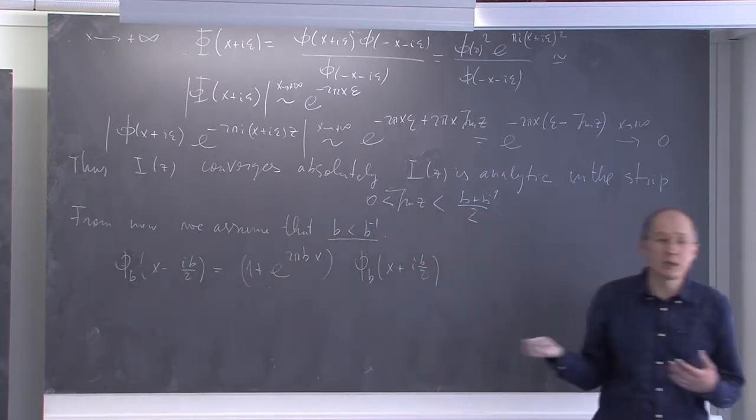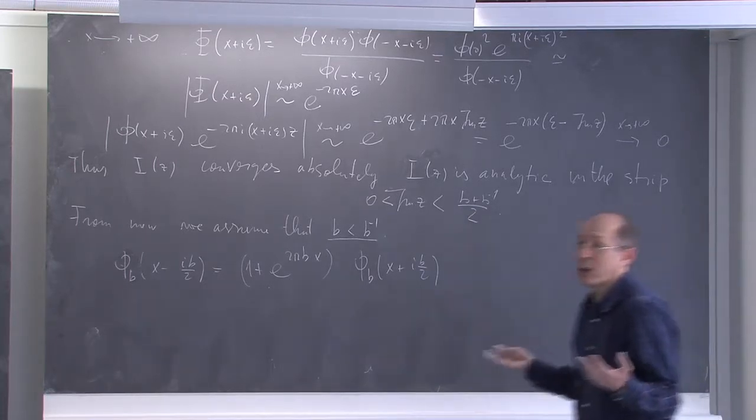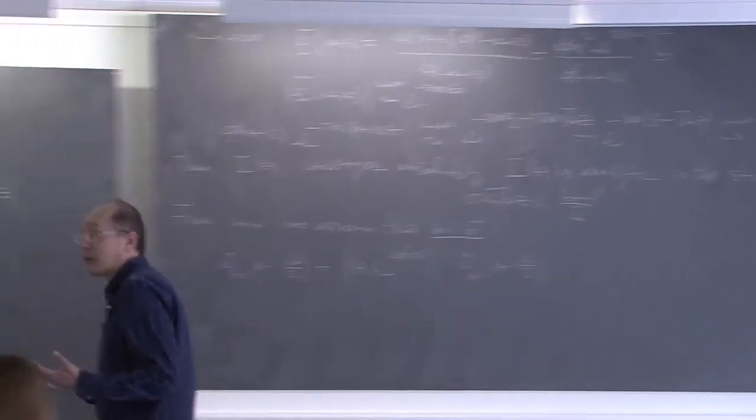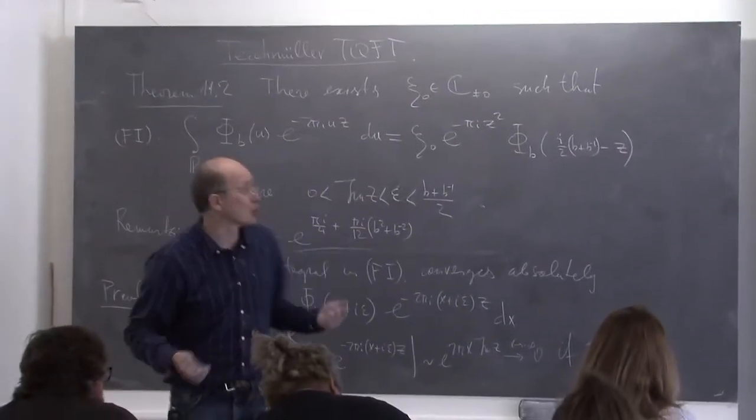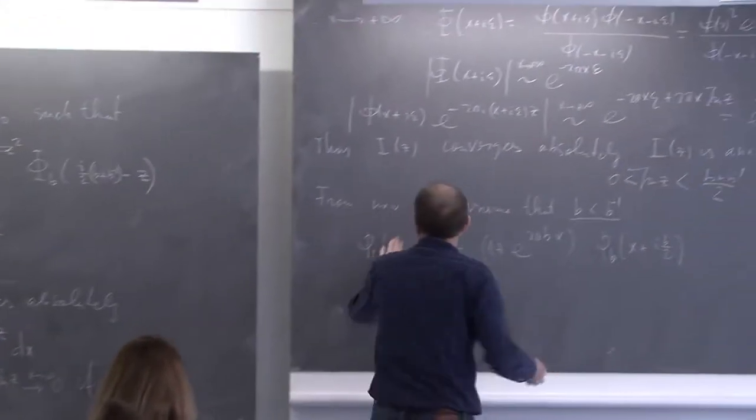And by analytic continuation, this functional equation is satisfied everywhere on the complex plane, except, of course, if we stay away from the poles. And so we can put z here.